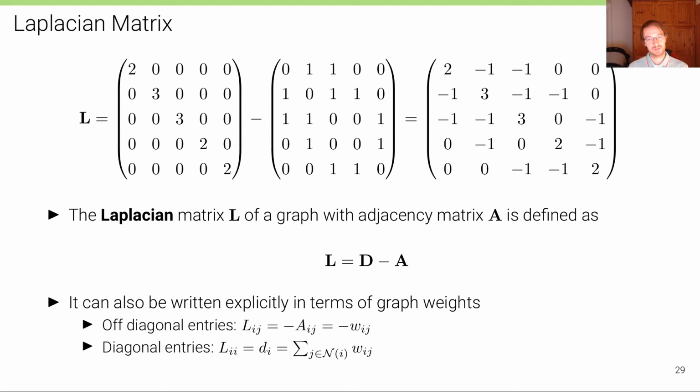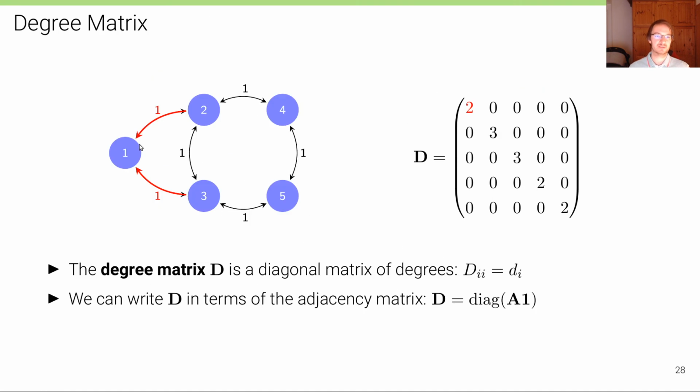We're not going to go into detail here, but it's measuring the smoothness. A signal on that graph is a vector that associates one real number with each node in a graph.